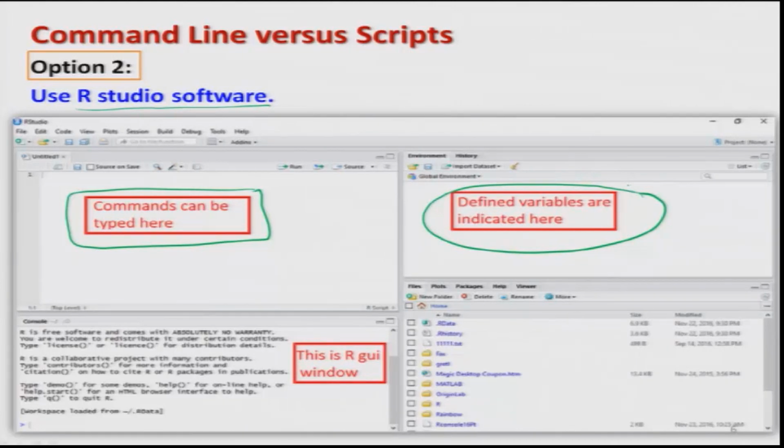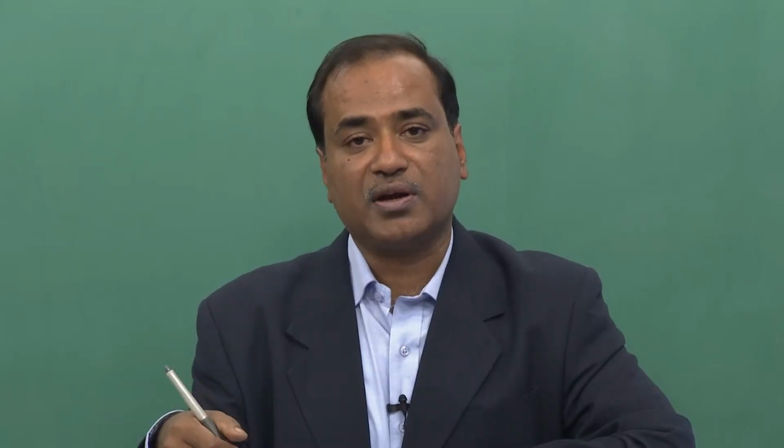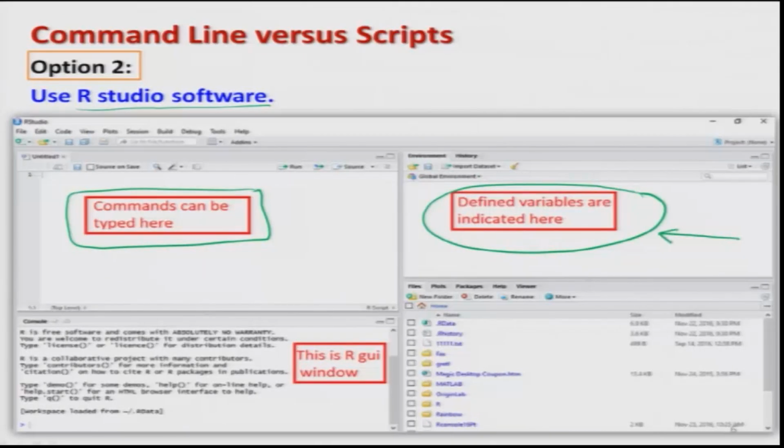Here whatever variables you have defined in the program will appear. The advantage of using Rstudio is that you can always see what variable name you have given to any particular task.